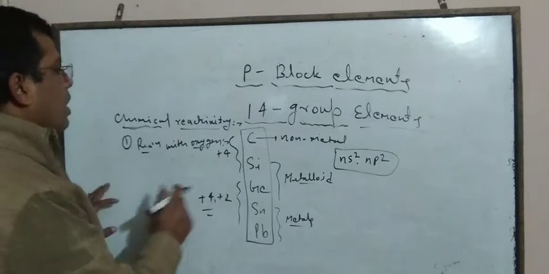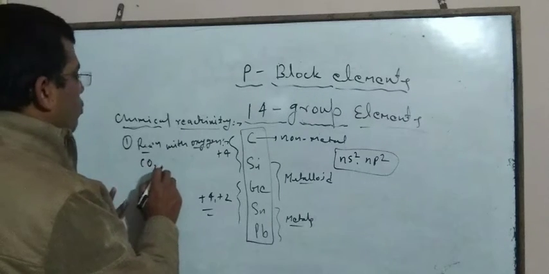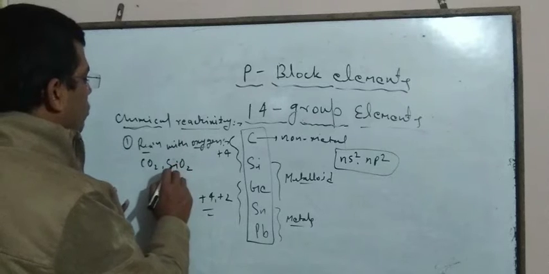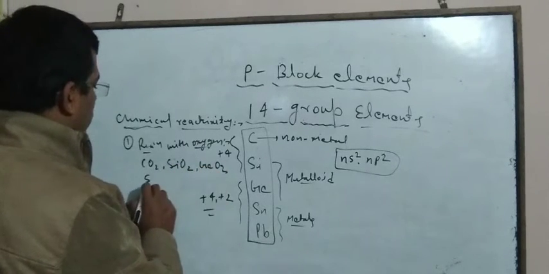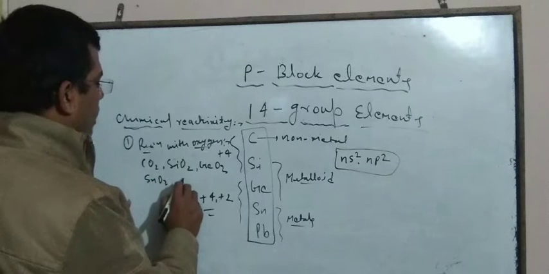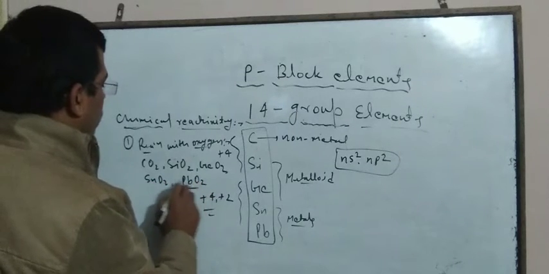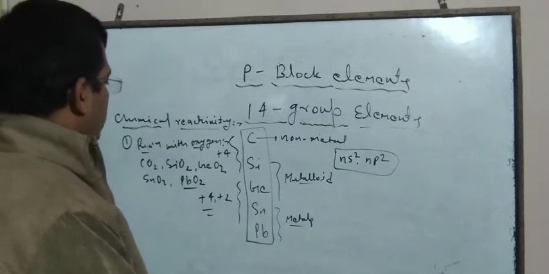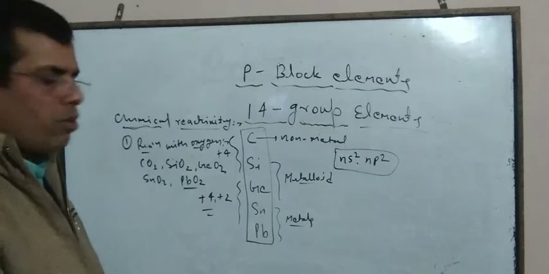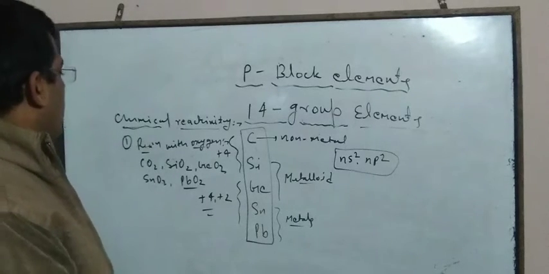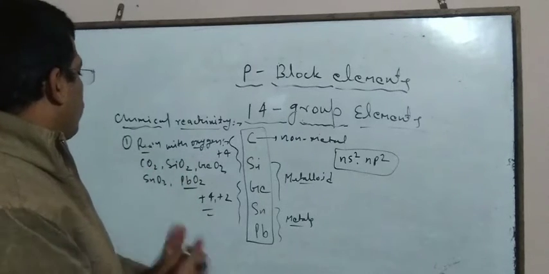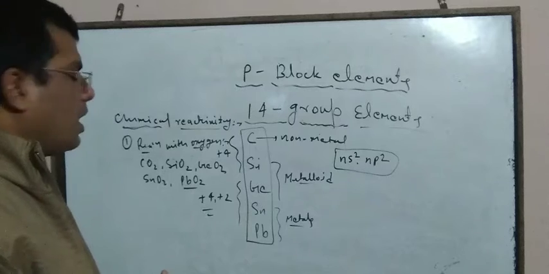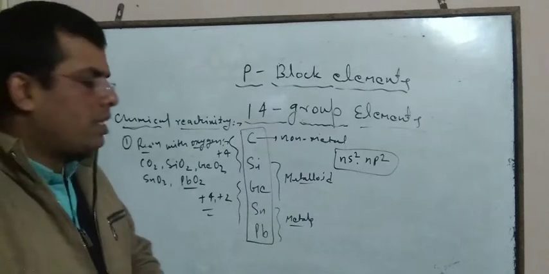Carbon reacts with oxygen to form CO2, and the others form SiO2, GeO2, SnO2 and PbO2. Among these oxides, CO2, SiO2 and GeO2 are acidic in nature.